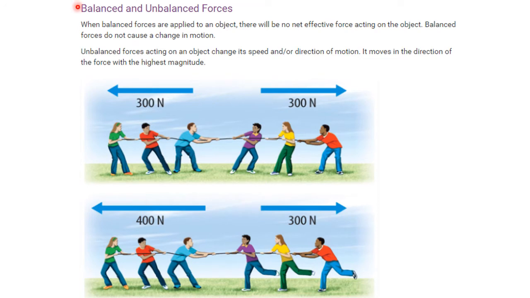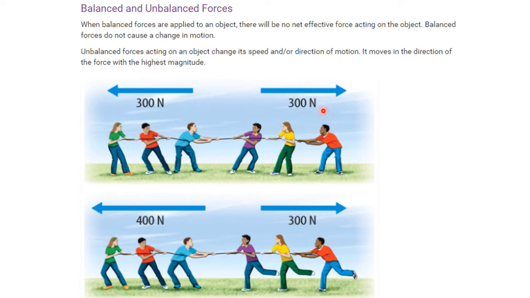Now next one is, what are balanced and unbalanced forces? Balanced forces are applied to an object when there is no effective force acting on the object. You can see here, on this side 3 persons are applying 300 Newton force, and on this side also 3 persons are applying 300 Newton force. When 300 Newton and 300 Newton forces are applied in opposite directions, this arrow represents the opposite direction.